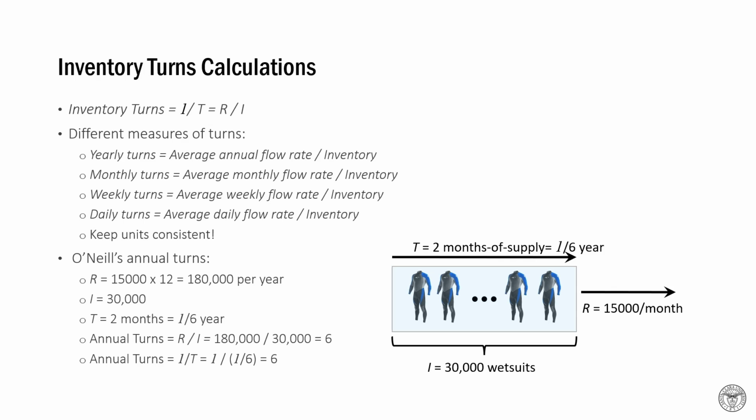That is 180,000 divided by 30,000. This value matches the result obtained when calculated as 1 over T, where T is the flow time, that is 2 months or 1/6 year, further validating the calculation.